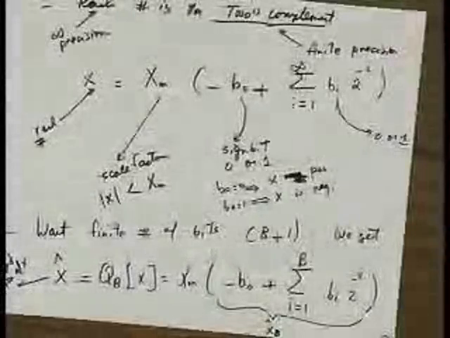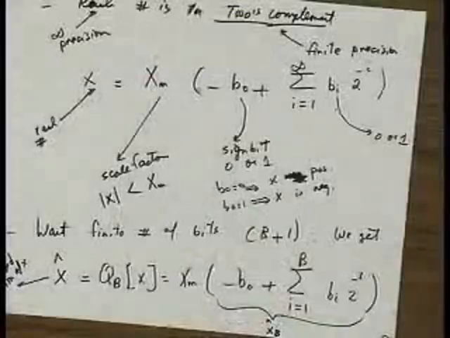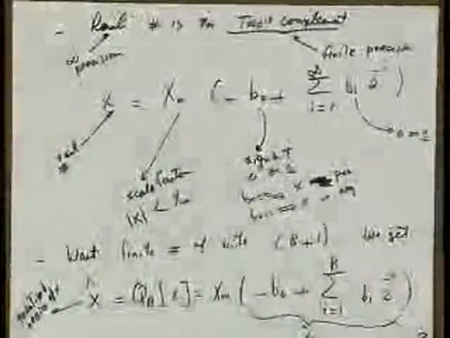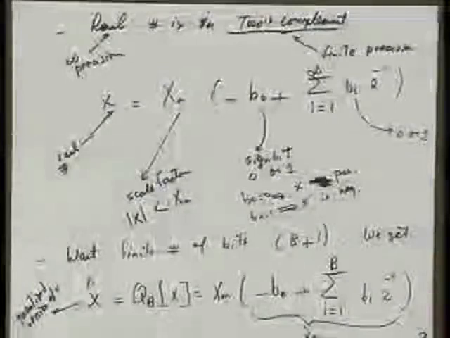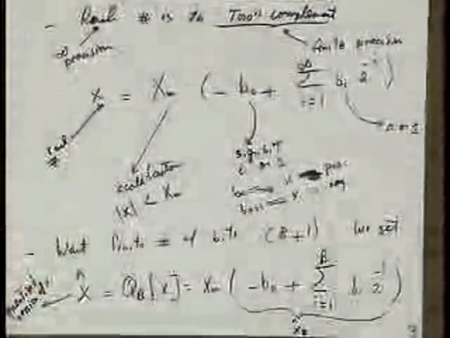So you can either have really large x of m's and never overflow, but then have a large quantization error, or you can have small x of m and therefore small quantization error and have a large overflow. But if you want to have both a good dynamic range, large x of m, and small quantization error, the only way to do that is to do what? Increase b. Have lots of bits per register.